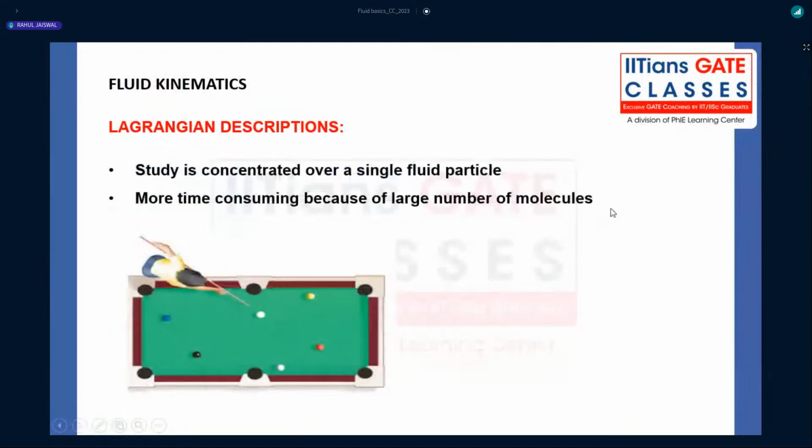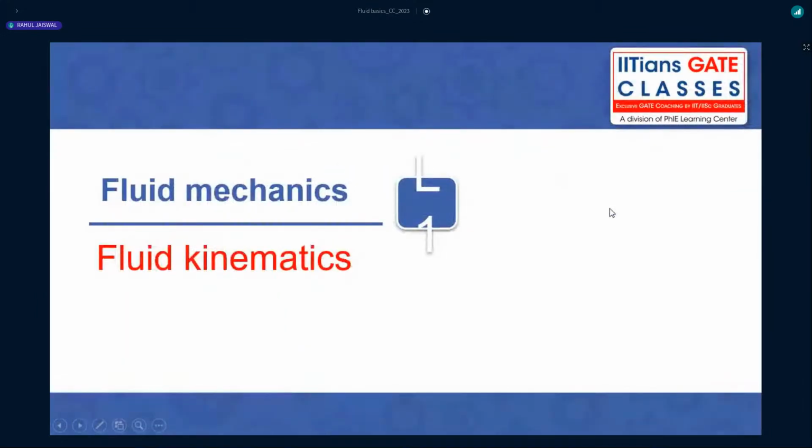Okay, so here we will be starting our session on fluid mechanics, and we are going to discuss fluid kinematics. So quickly, I will just mention the syllabus part.